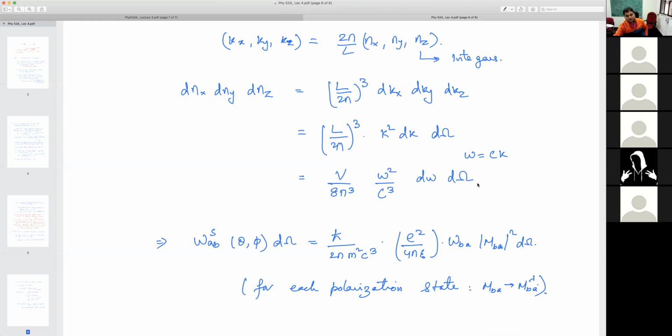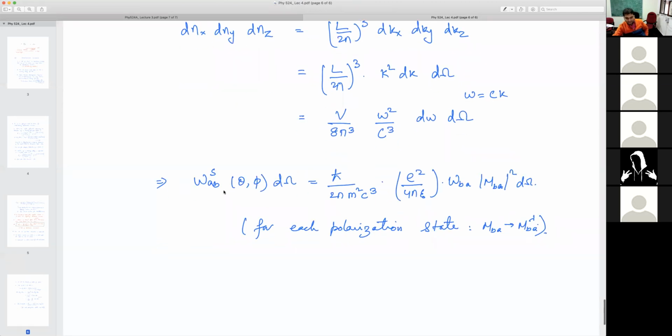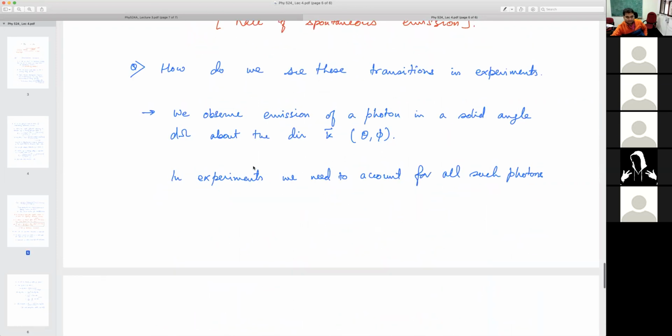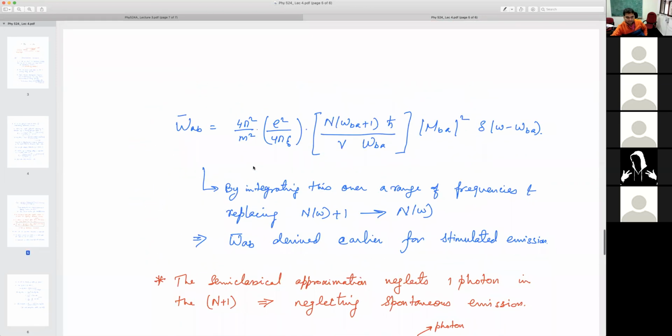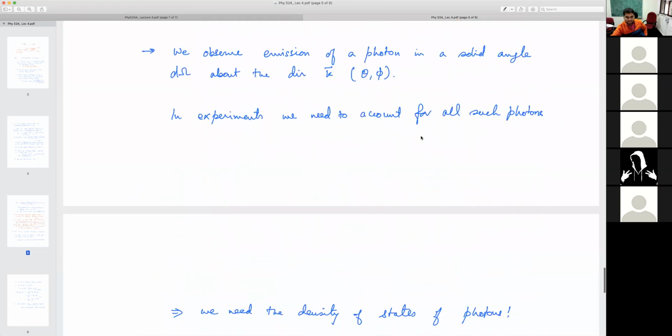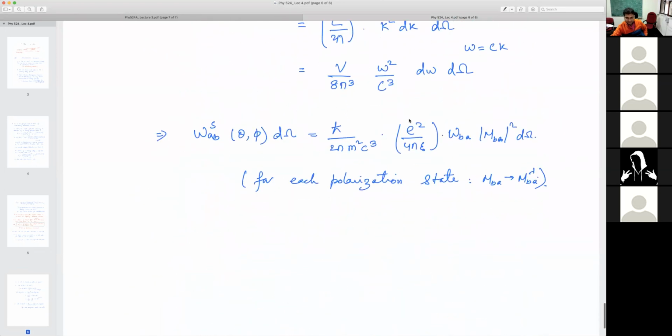Now I can calculate what is really the rate of finding a photon in this solid angle d omega, which is what I will measure: per second, how many photons I am receiving in my detector. If I substitute the W which we just calculated and use this density of states, this is what I end up with.